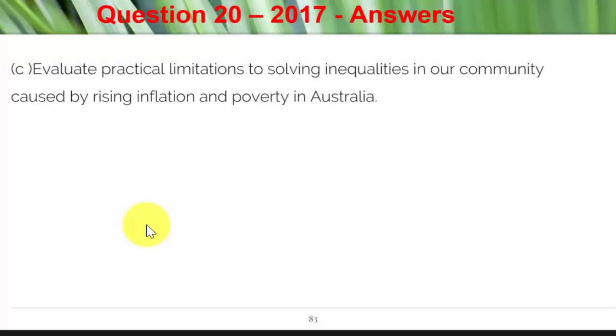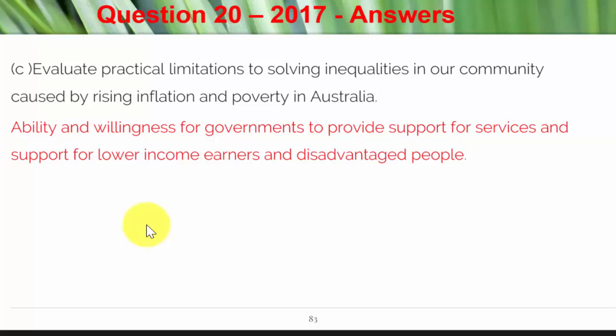The last question, the practical limitation to solving inequalities in our community based on rising inflation and poverty in Australia. So this comes down to the government, the willingness and ability to provide support services for low-income earners, disadvantaged people. It also depends on which government is in power at the time.